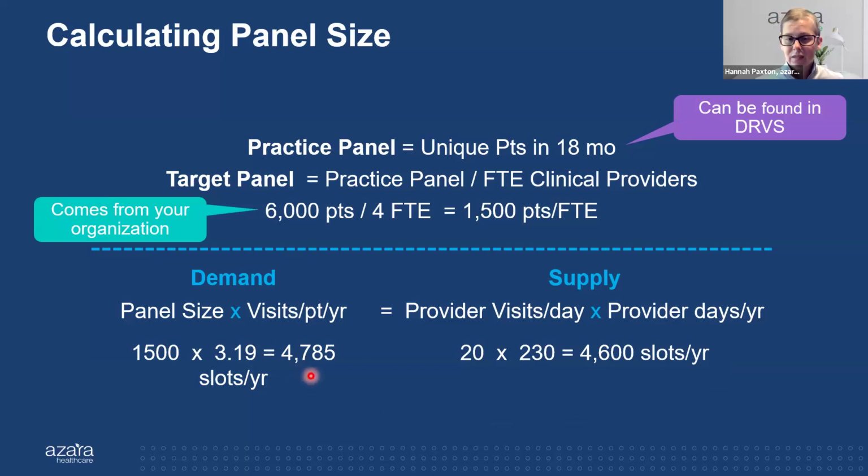And so in a case like this, then you need to start thinking about, okay, how do we get more access? Do we need to hire more people? Or do we need to look at our panel size, our target panel up here, and figure out a way to revise this? Do we need to require providers to see more patients in a day?